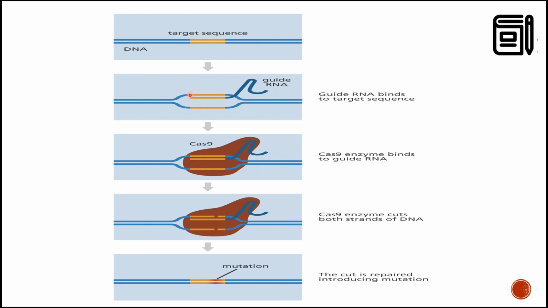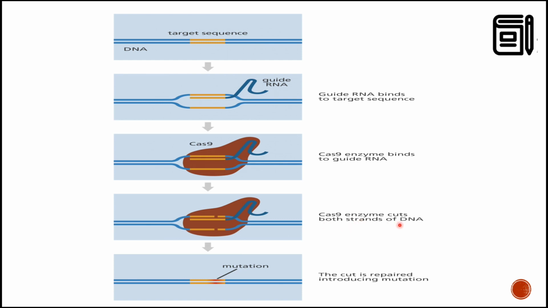No other region is complementary to this guide RNA. After binding, the scaffold part binds to the DNA, and the guiding region binds to Cas9, because the Cas9 enzyme binds to the guide RNA region. The Cas9 will come and bind to that part, and then it will make a cut.